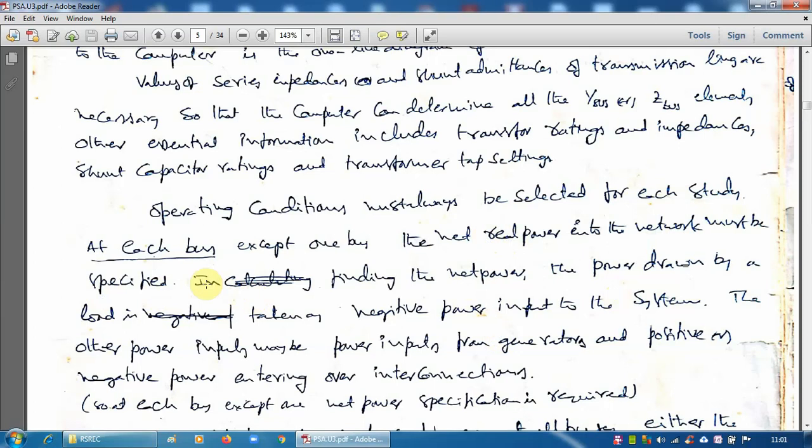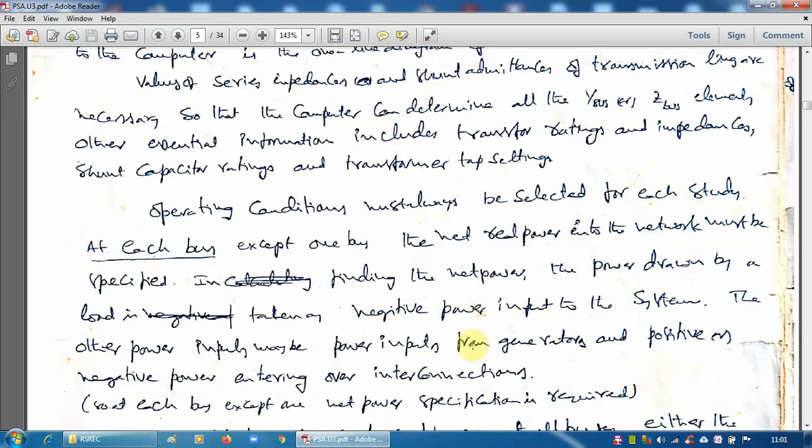That is one thing in finding the net power. This we will see later. In finding this net power, for example, if at that particular bus some power is injecting by generator and some power is taken by some load, then the net power is obtained by taking injecting power minus load power.